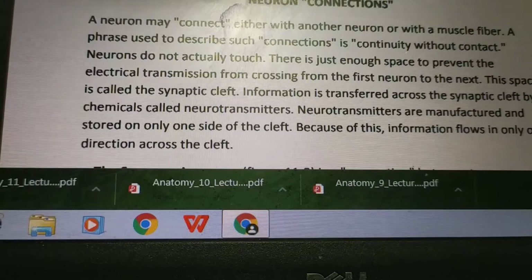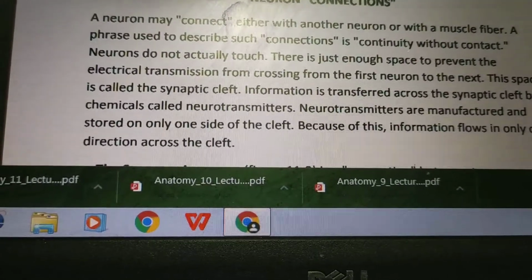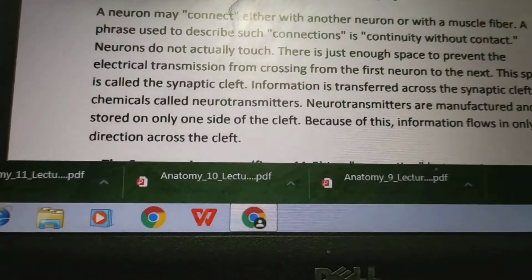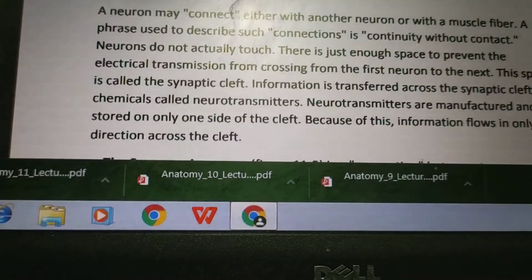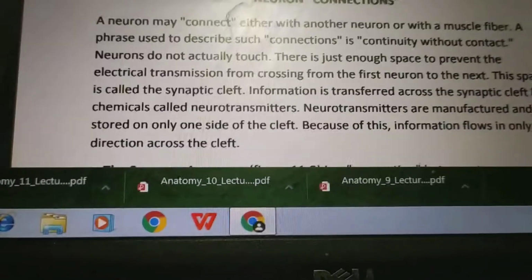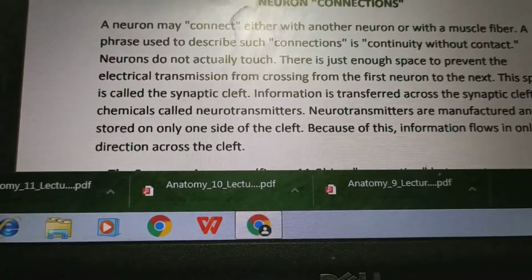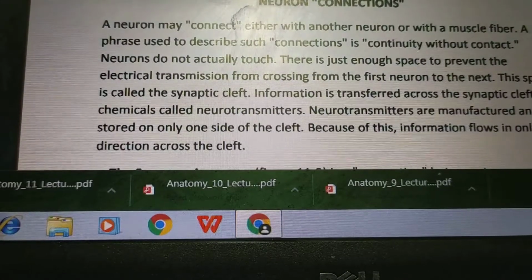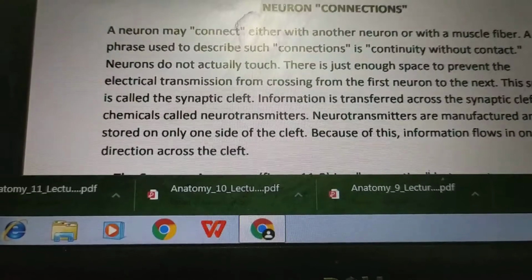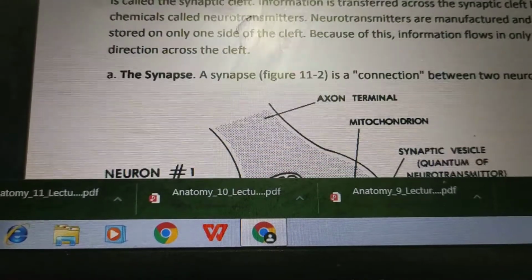This space is called the synaptic cleft. Information is transferred across the synaptic cleft by chemicals called neurotransmitters. Neurotransmitters are manufactured and stored on only one side of the cleft. Because of this, information flows in one direction across the cleft.